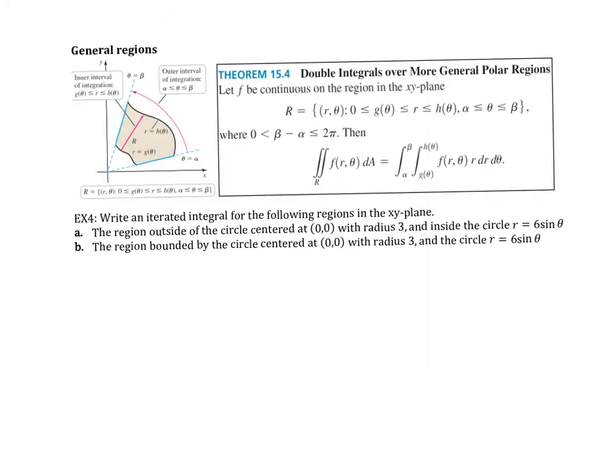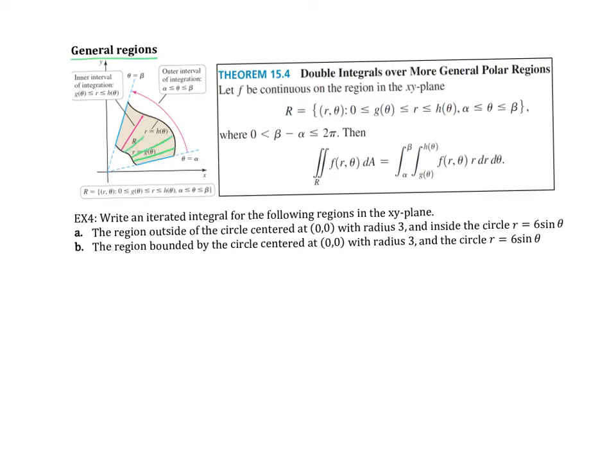Now let's move on to r values that are not constant. So here we're looking at general regions, which means that our theta values will be constant, but our r values may be a function of theta. Looking at this diagram, you can see that the distance r between these two curves is not going to be the same.